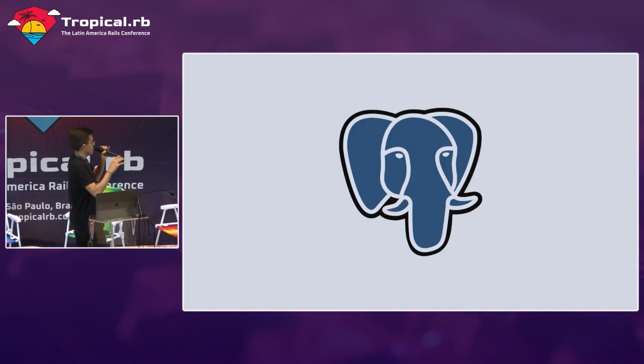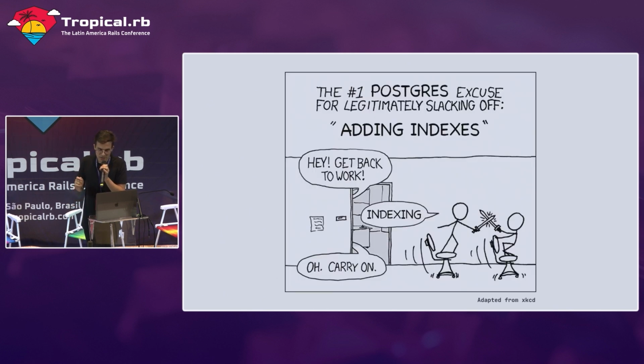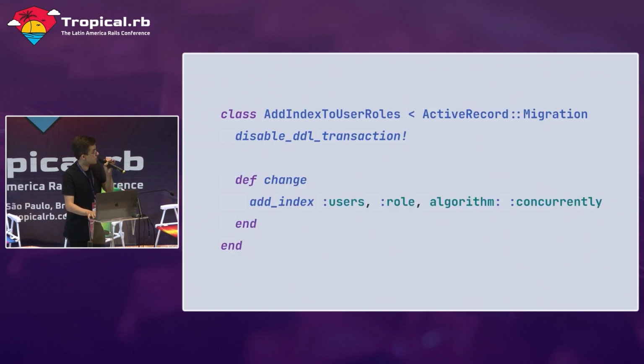Everyone likes Postgres. It is a great database. But it has this annoying behavior by default that when it's writing an index to a table, you cannot write to that table. So if you have a large table and you are trying to index a column, the table might be unusable for hours. And that's just not acceptable sometimes.